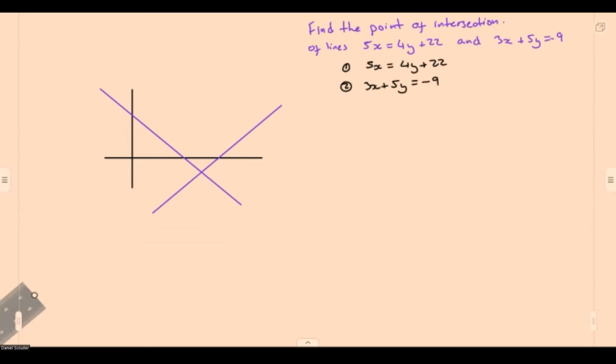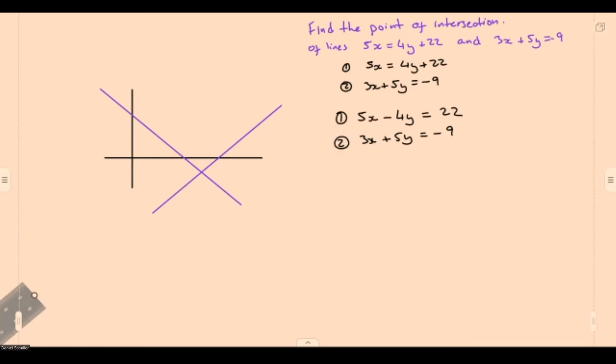Now, the first thing we want to do is get all the letter terms of that first equation over to the left-hand side. So 1 is going to be rewritten as 5x minus 4y, because we've moved that whole term over, equals 22. Second expression doesn't need to change.